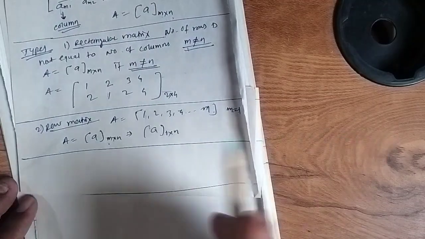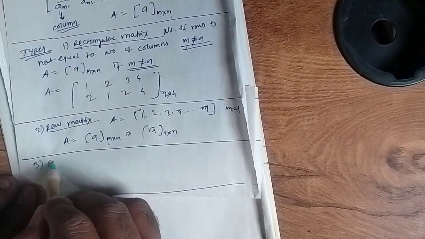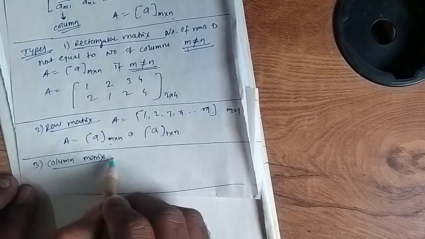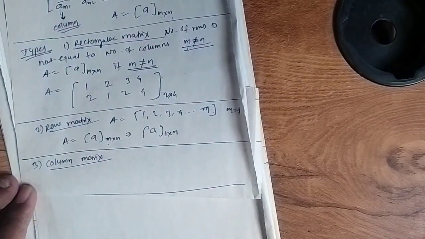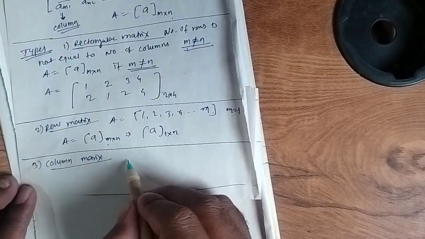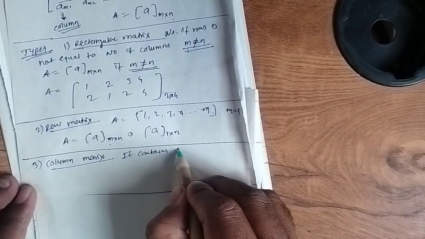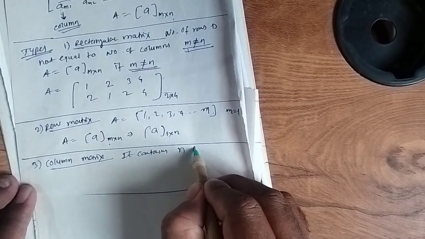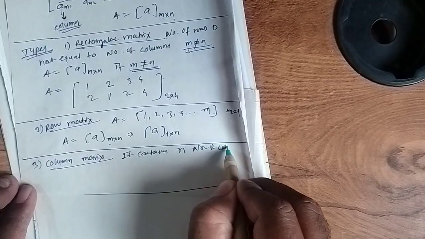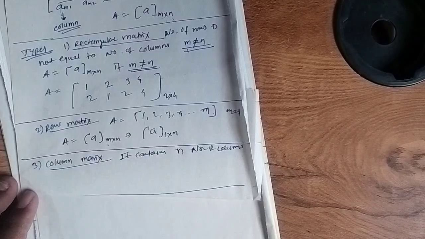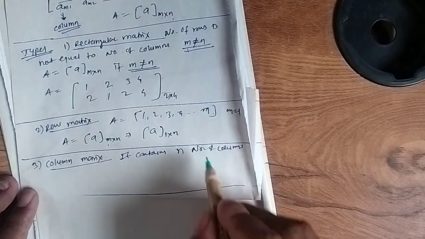Now another type is the column matrix. As the name indicates, it contains only one column and n number of rows.